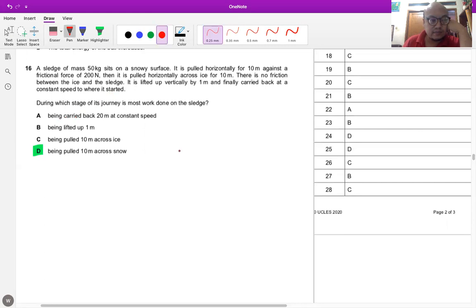So if we see about this snowy, the first one, they have 10 meter, frictional force about 200 Newton, and mass 50 kilogram.